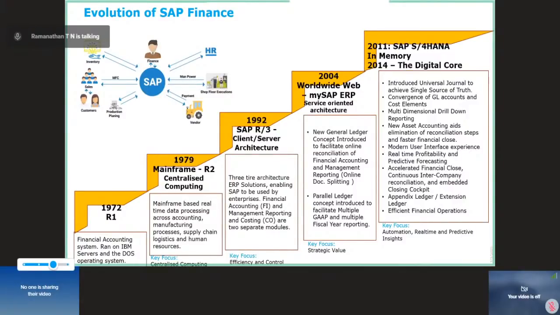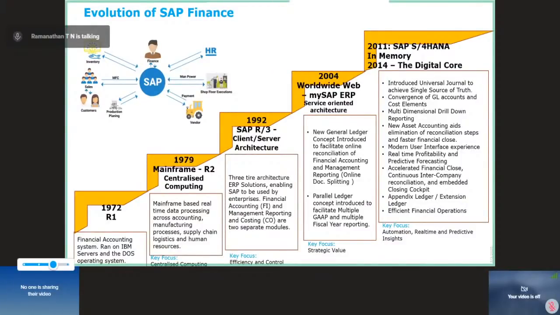SAP also had to re-engineer its structure and bring in the new general ledger and parallel ledger reporting requirements to comply with multiple GAAP requirements.